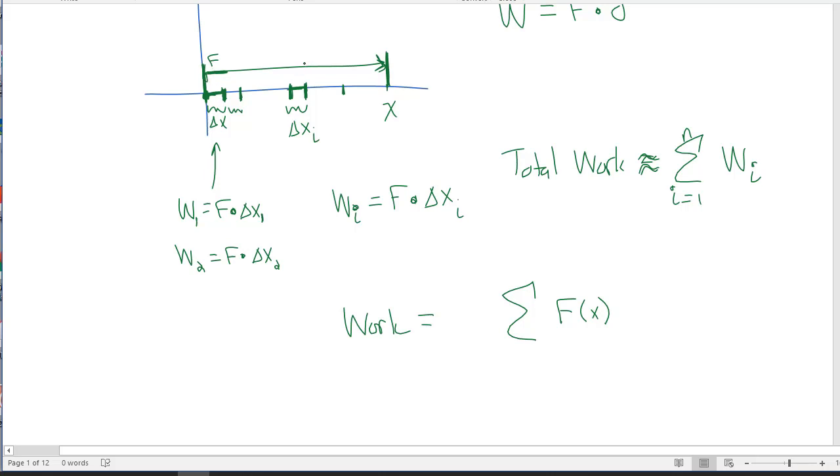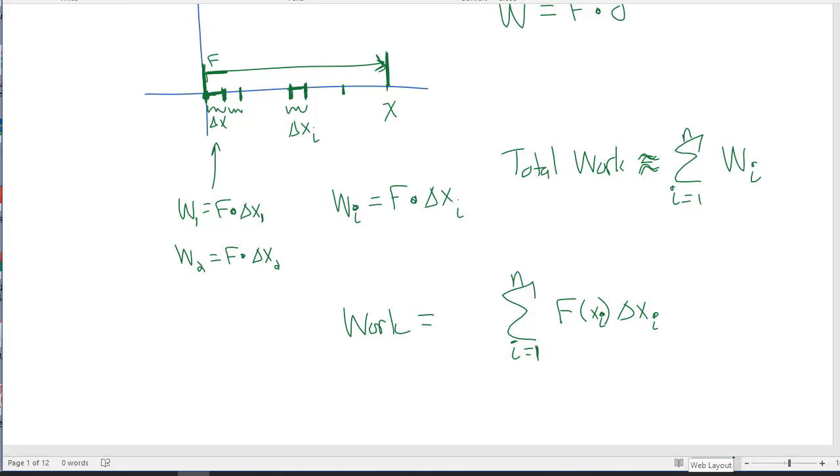So the force might be pretty small here, but it's going to be pretty large here, and it's a function of the location x that I'm at. If I'm at x equals 1, my force is kind of small in relation to out here at x equals, let's say, 10. So the force is a function of my x location, f of x at my x location, times the delta x at that particular location.